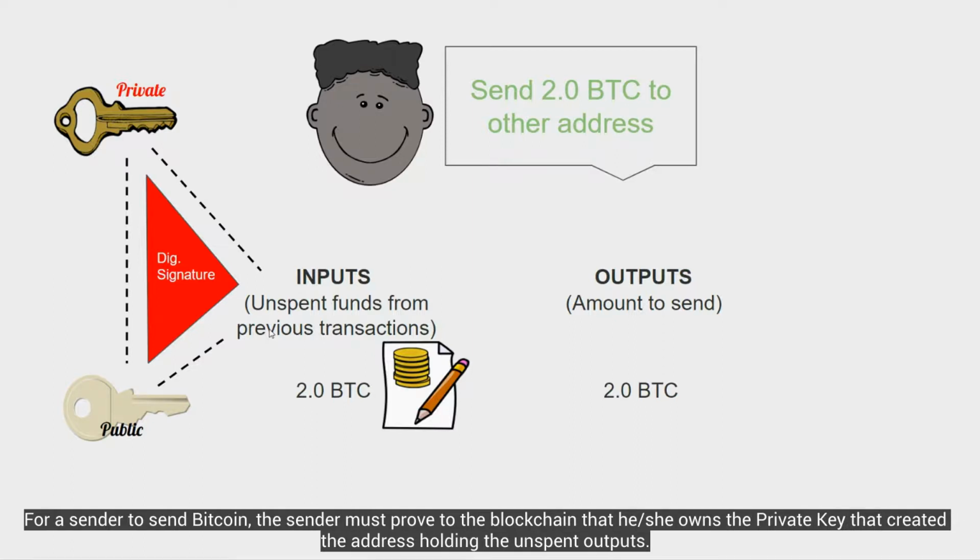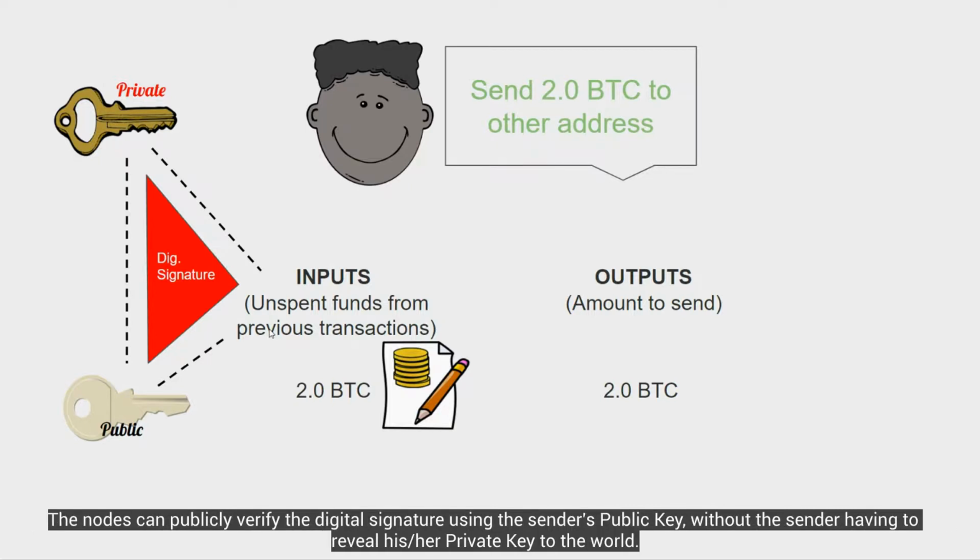For a sender to send Bitcoin, the sender must prove to the blockchain that he or she owns the private key that created the address holding the unspent outputs. The nodes can publicly verify the digital signature using the sender's public key, without the sender having to reveal his or her private key to the world.